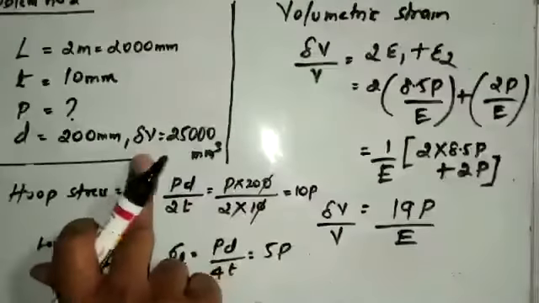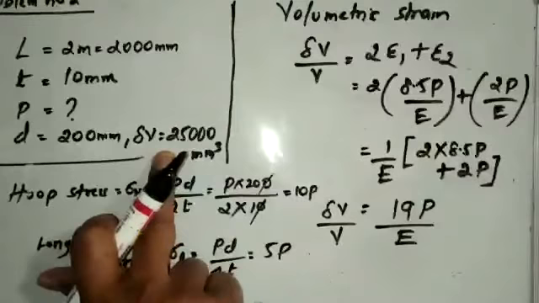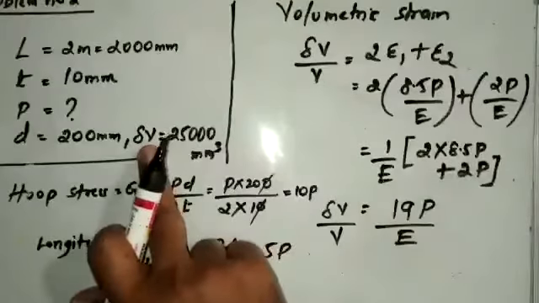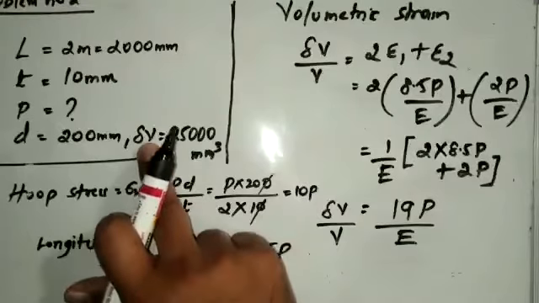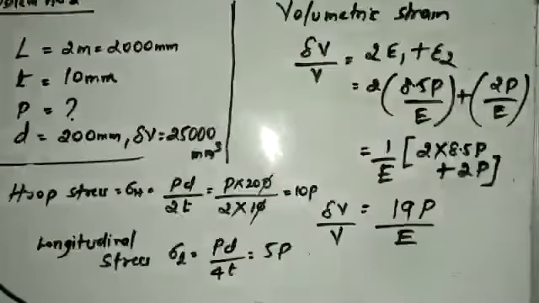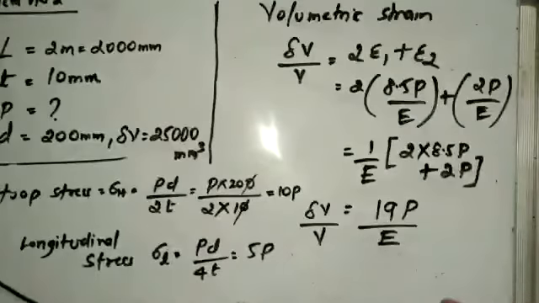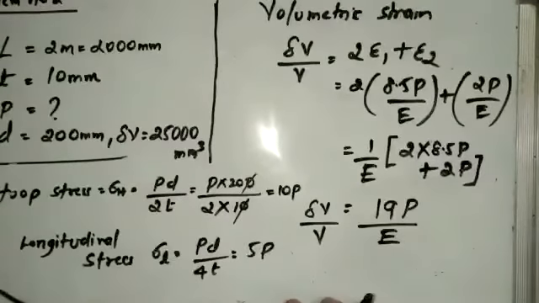That is delta V given in the question. Please note this, 25,000 mm cube. That is the change of volume given in the question. So consider that.